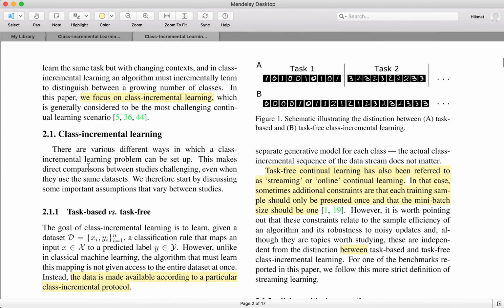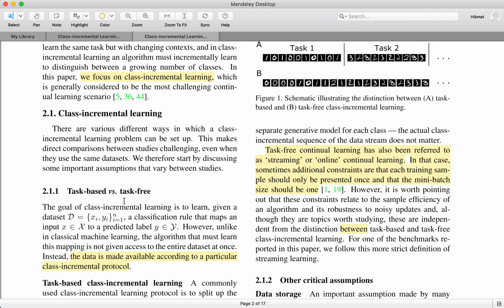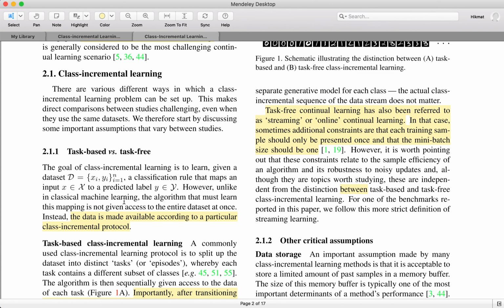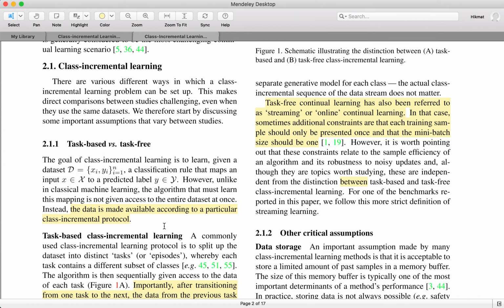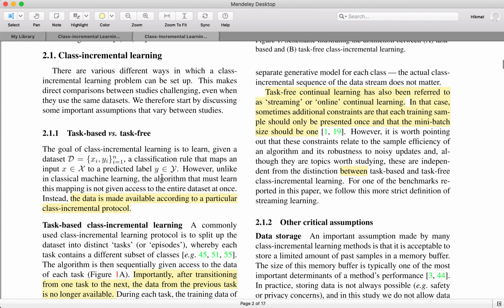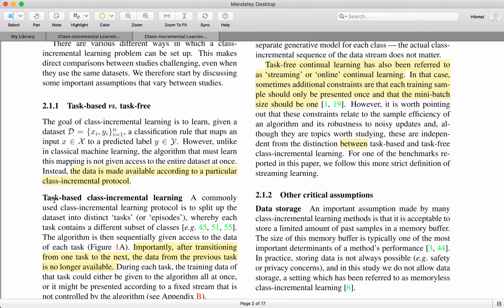For the very basic definitions, like what is task based and task free class incremental learning, I would encourage the audience to read the paper.